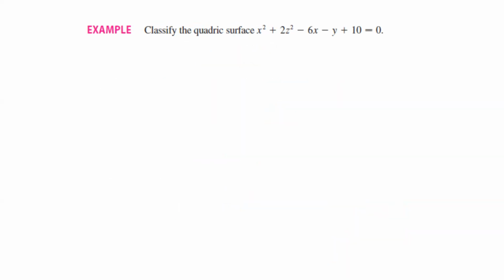Okay, let's identify this. Now, in this case, we have an x square term, we have a z square term, we have y, we have x. So we can complete the square by using x square and negative 6x, and we'll transform this into this form: Y is equal to X square over a square plus z square over b square. I am writing uppercase letters here because there will be some translation.